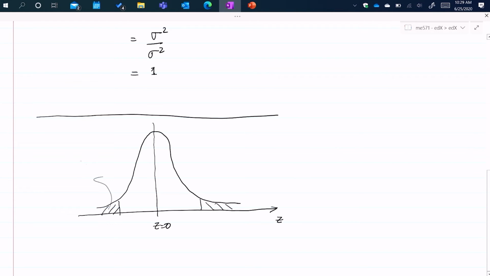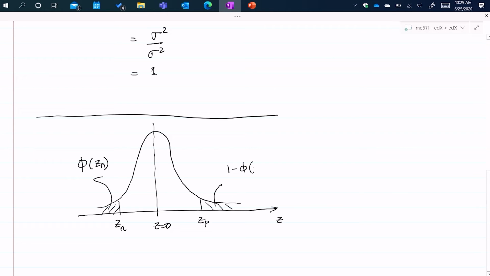So phi of negative z is equal to 1 minus phi of z positive. Let's call this z n for the negative value, and let's call this z positive.